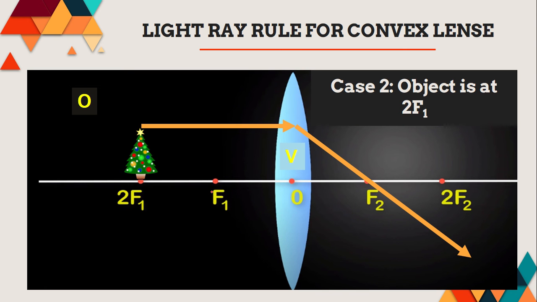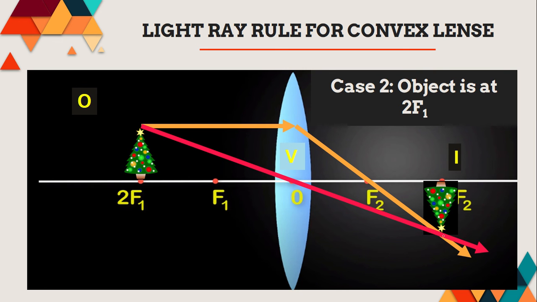Alright? Next, the other one, the second ray, magpapass through naman siya kay optical center. Alright? Now, the question is, saan nabuo ang intersection? Kasi kung nasa intersection, nandun yung image. Alright, that's it. Nandito.